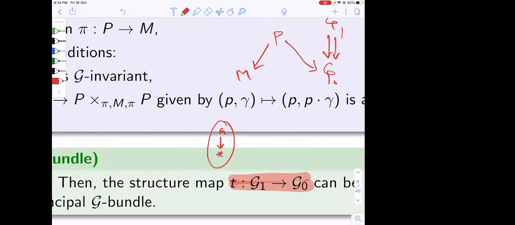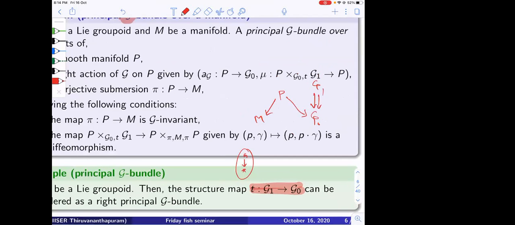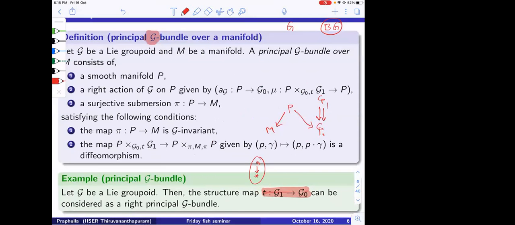So we are doing the same thing here. We are taking an arbitrary Lie groupoid G and considering the target map to be the principal G bundle. And there is no reason to take simply the target map. We can also take the source map. Then it will become the left principal G bundle. It only depends on which type of action you are considering. So that's an example of a principal G bundle, the trivial principal G bundle.